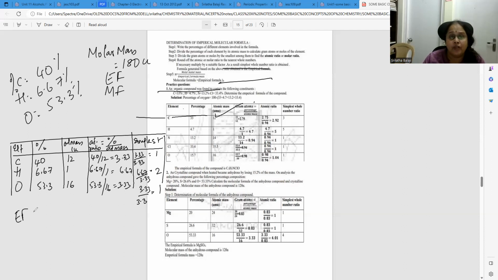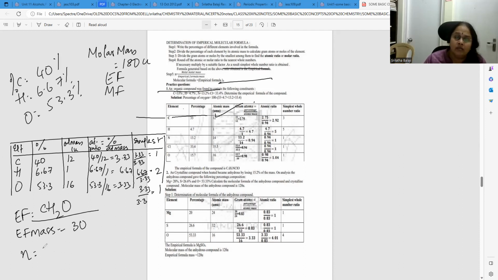That means what is the empirical formula? CH2O. And what is the empirical formula mass? Find the mass of this, just like molar mass. Carbon is 12, hydrogen is 1, oxygen is 16. What is the value? 12 plus 2 is 14, plus 16 is 30.